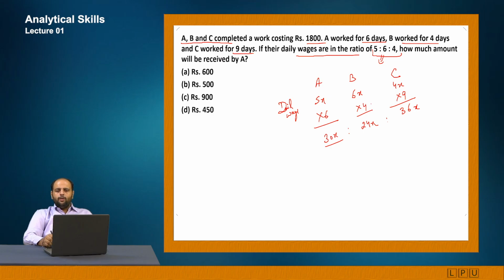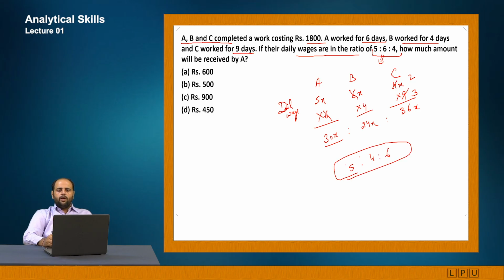So either you can multiply, or you can just cancel out the values in the multiplication. 6 will be cancelled with this 6, but how will this 6 be formed? 3 from here and 2 from here, so it will be 6. Again, if something can be cancelled, you can cancel it. So the ratio will be 5, then 4 and then 6.